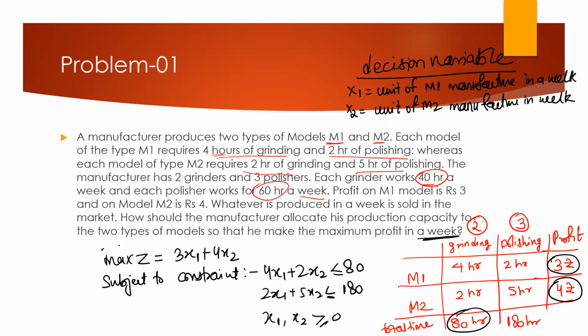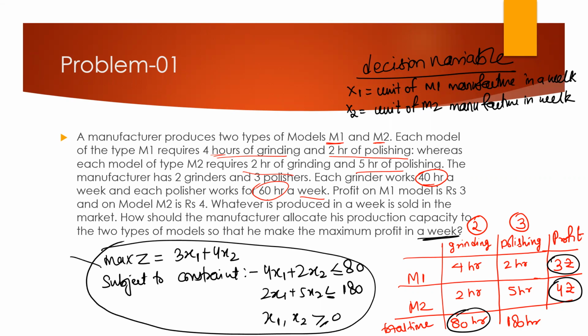This is what we call a linear programming problem.